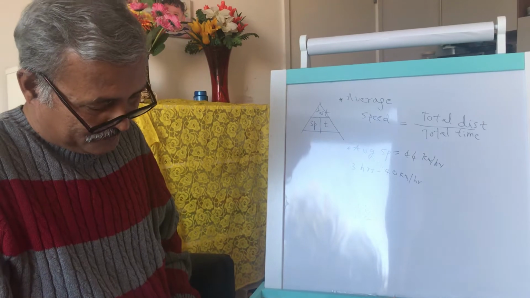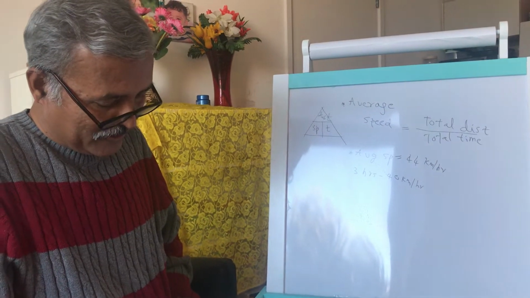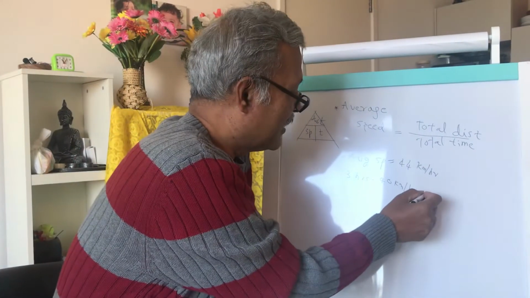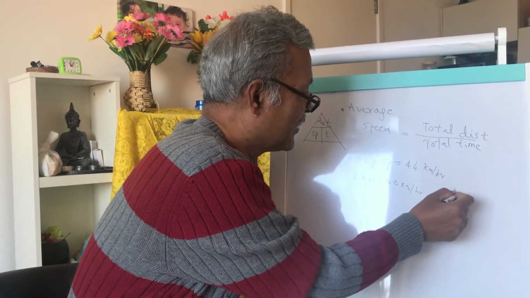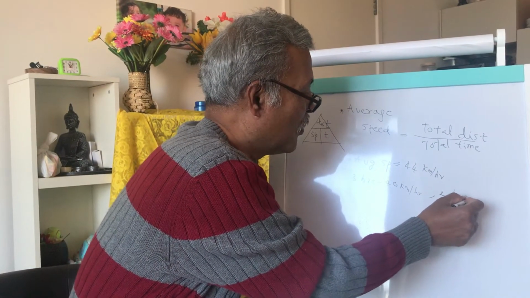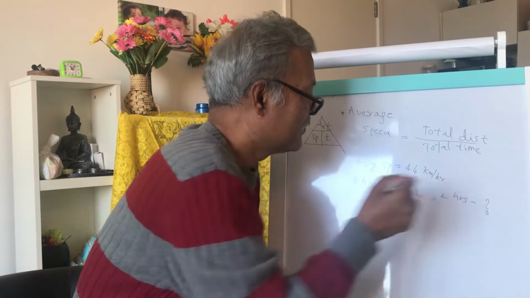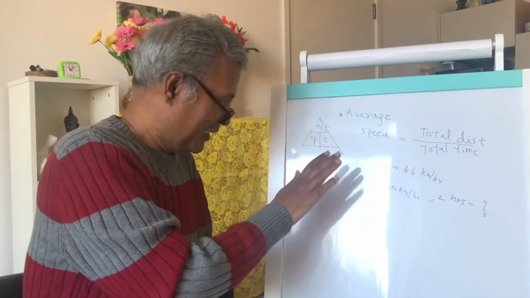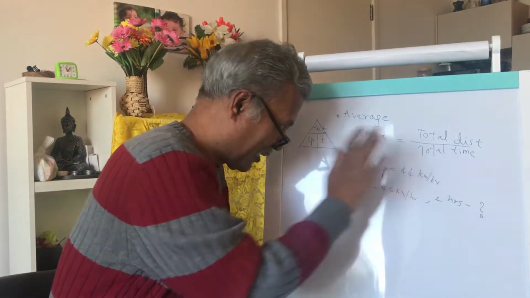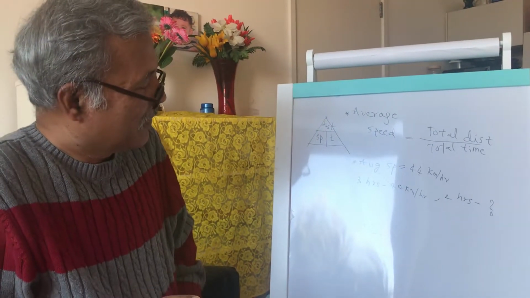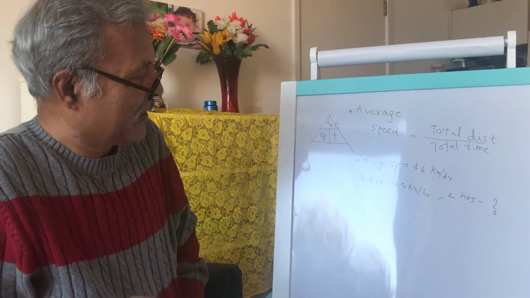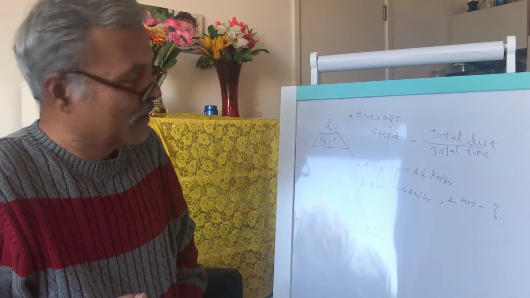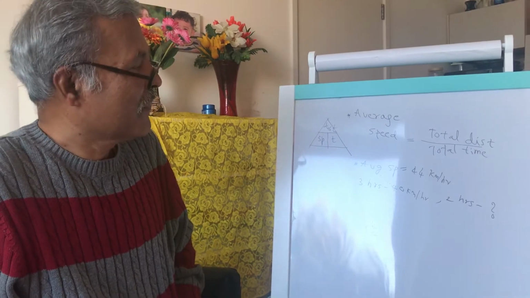And then the question is asking you, in the next 2 hours, what is your speed? I repeat, your average speed is given as 44 km per hour, and for the first 3 hours you are traveling at 40 km per hour, and the question is asking you what is the speed during the next 2 hours.